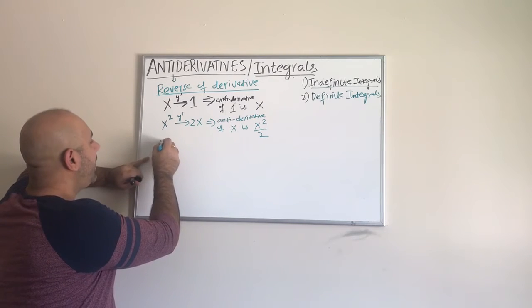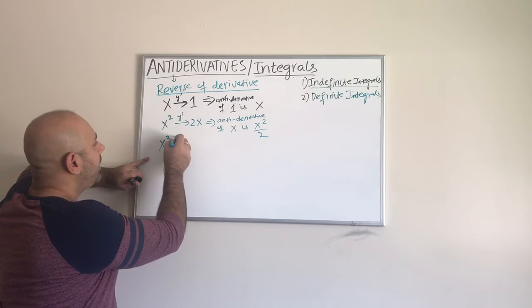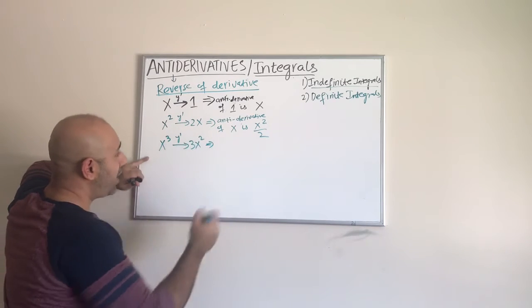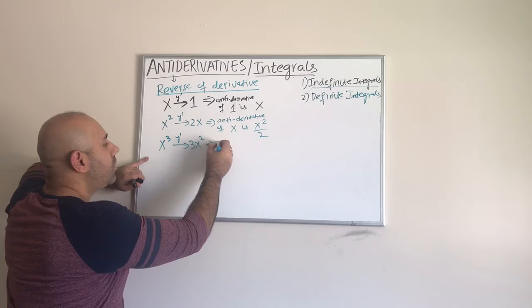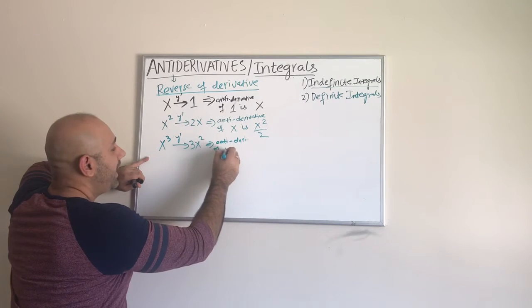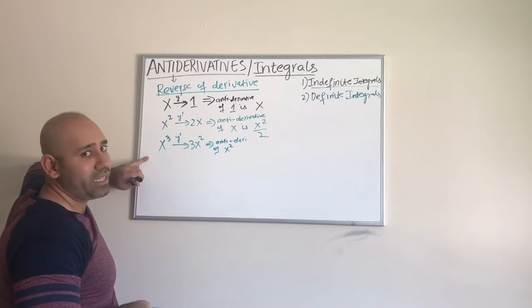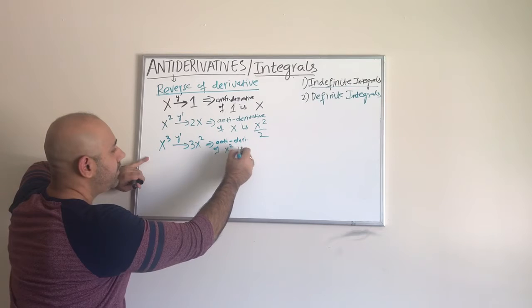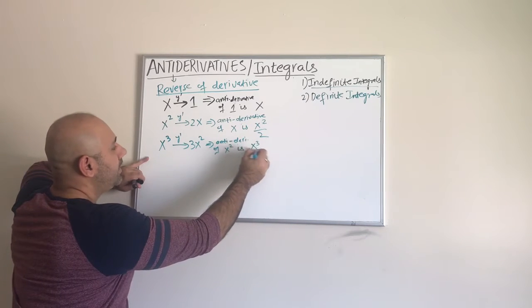Similarly, if I have x cubed, then we know the derivative is 3x squared. If I now write the antiderivative of x squared, I'm only interested in the x squareds and x cubes and so on, it is x cubed over 3.